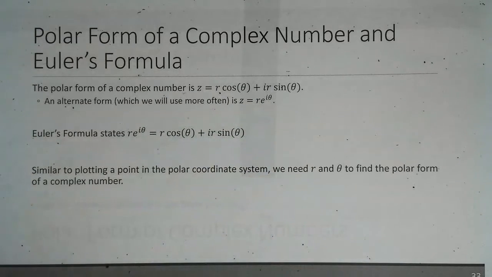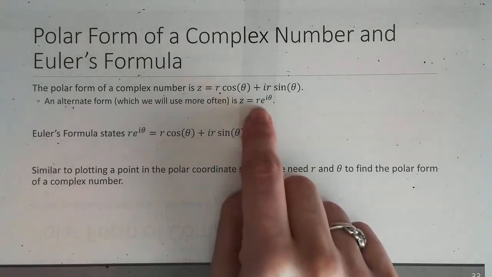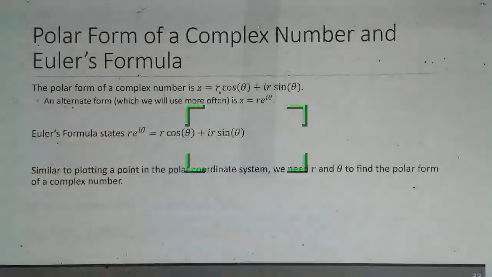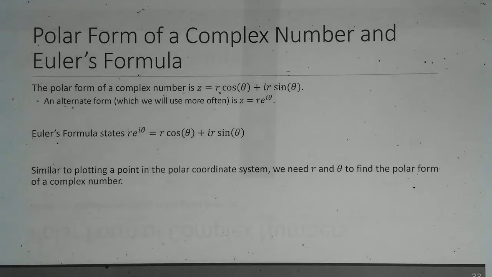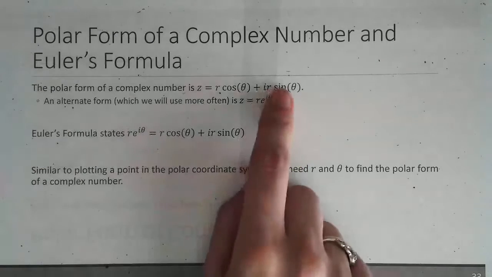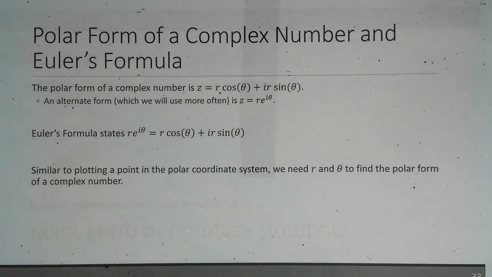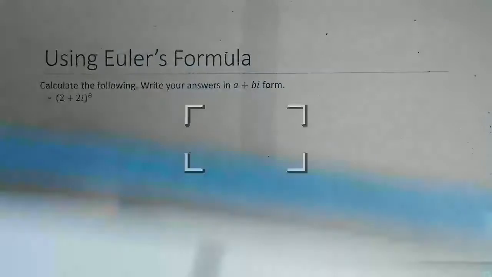Euler's formula states that this re to the i theta is equal to this other form, r cosine theta plus i r sine theta. What we're going to do for converting from this polar form to the form that Euler's formula has us working with is going to be really similar to some stuff we've done in the past. So let's see what we can do with it.